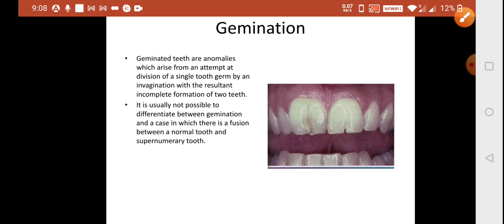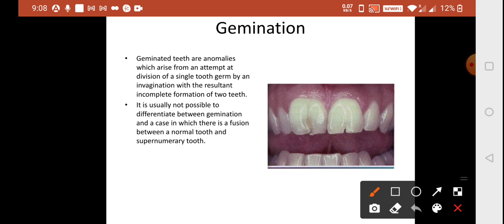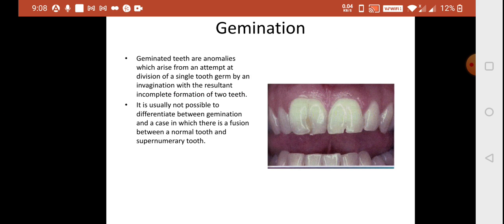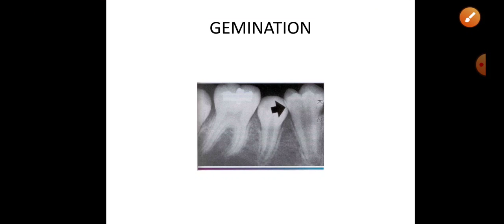The question can be asked: what is it whenever there is an incomplete formation of two teeth? Or they can give you a picture like this, where the number of teeth is normal. These are not 4 teeth, there are 32 teeth present in the mouth. What is it? It's gemination, so you have to use your mind. You can very beautifully see in this picture that one tooth has divided into two parts, and the root is common.